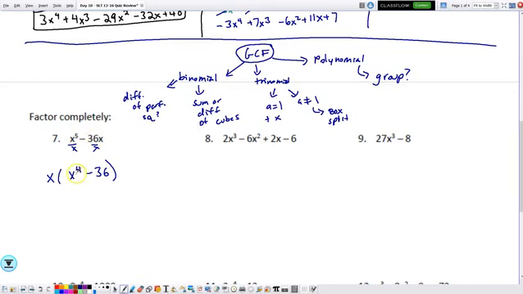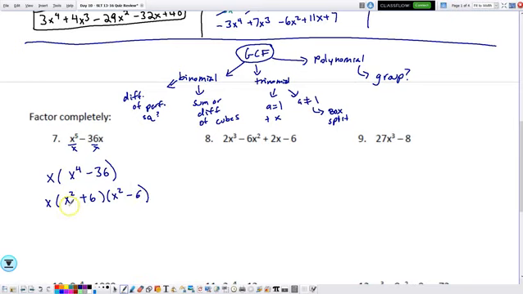So now the question is, x to the fourth minus 36, is that the difference of perfect squares, or is it the sum or difference of cubes? And the answer is, it is the difference of perfect squares. I'm going to keep the x. X to the fourth is x squared squared. 36 is 6 squared.